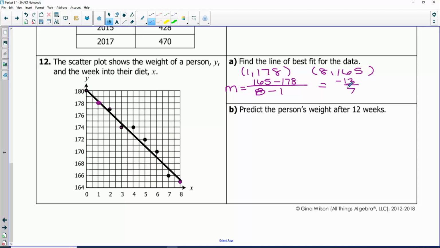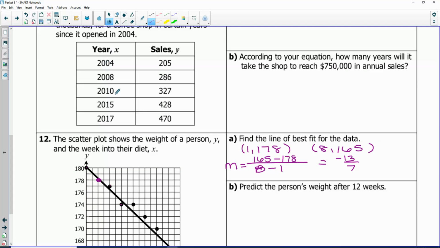It's not going to work out beautiful on these because a lot of times those lines are ugly, so just be prepared for that. The alternative is to type those ordered pairs in your calculator as the x1 and y1s, and your calculator can find it for you.